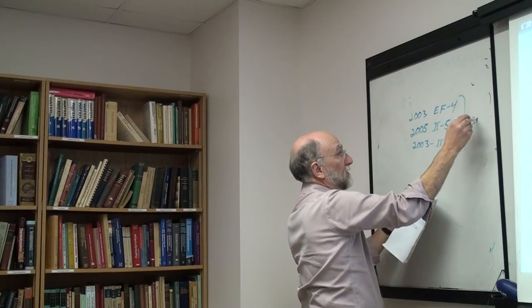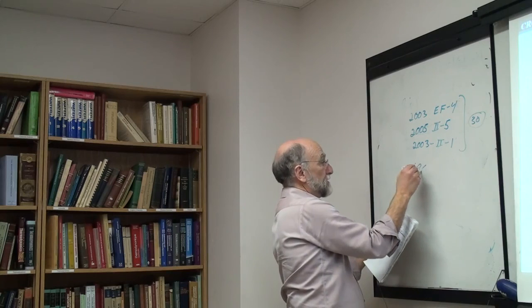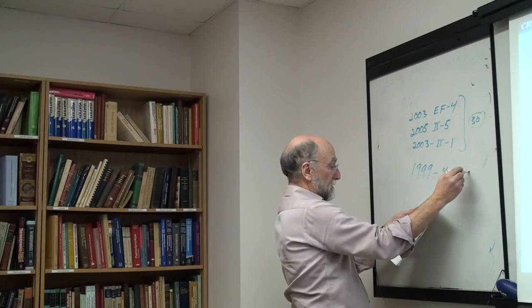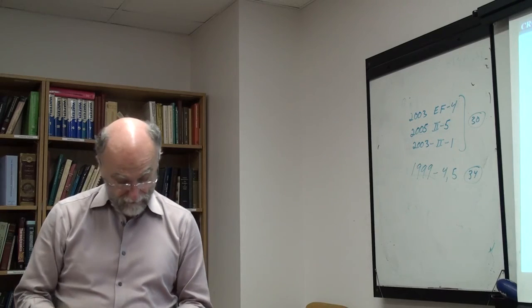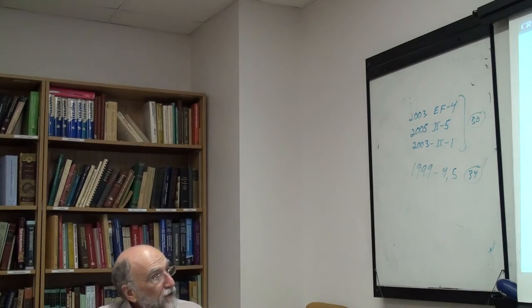These can all be found in file number 30. And there's a 1999 exam, numbers 4 and 5, which can be found in file 34. So that will be for next Tuesday.